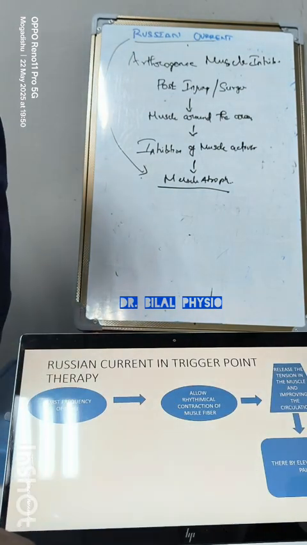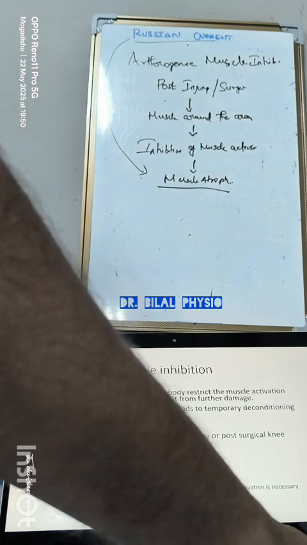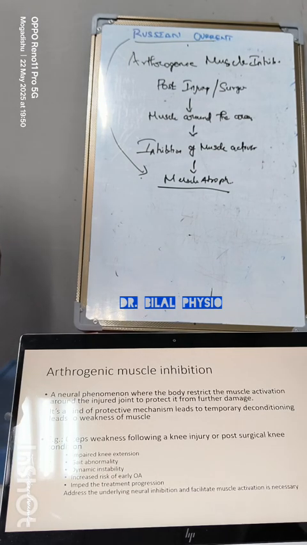This is called arthrogenic muscle inhibition. It's a neural phenomenon where the body restricts muscle activation around the injured joint to protect it from further damage.